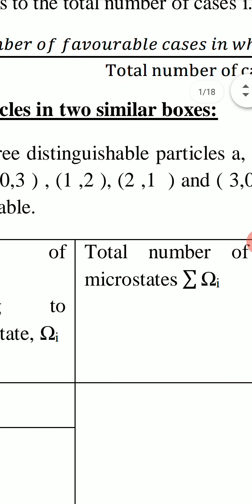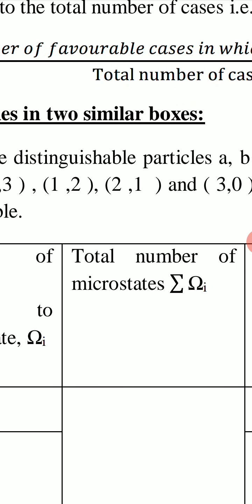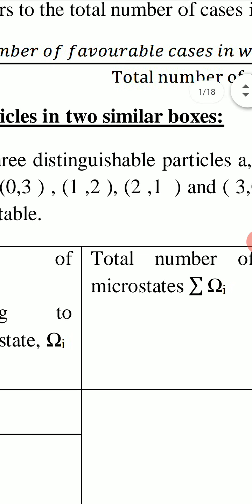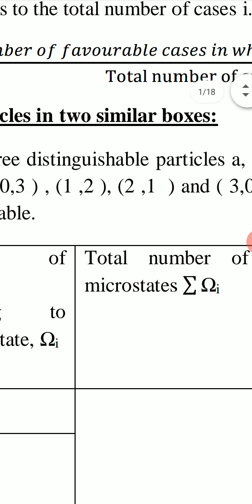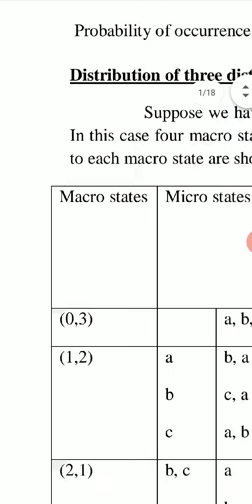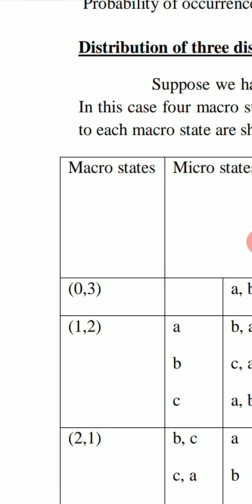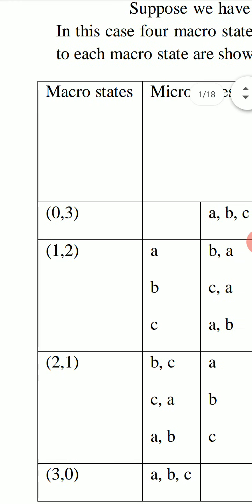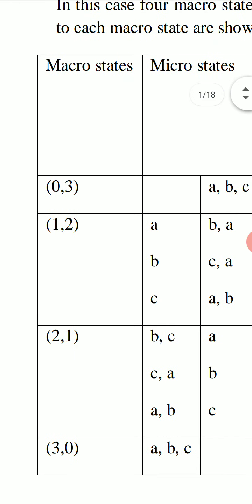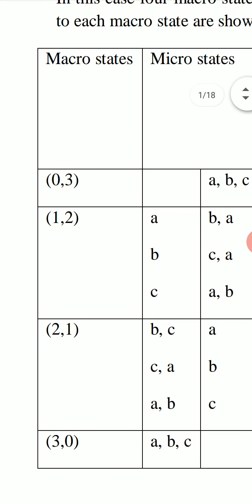So if we want to distribute 3 distinguishable particles in 2 boxes, there are 4 macrostates: 0, 3, 1, 2, 2, 1 and 3, 0. These 4 macrostates are shown in this table.